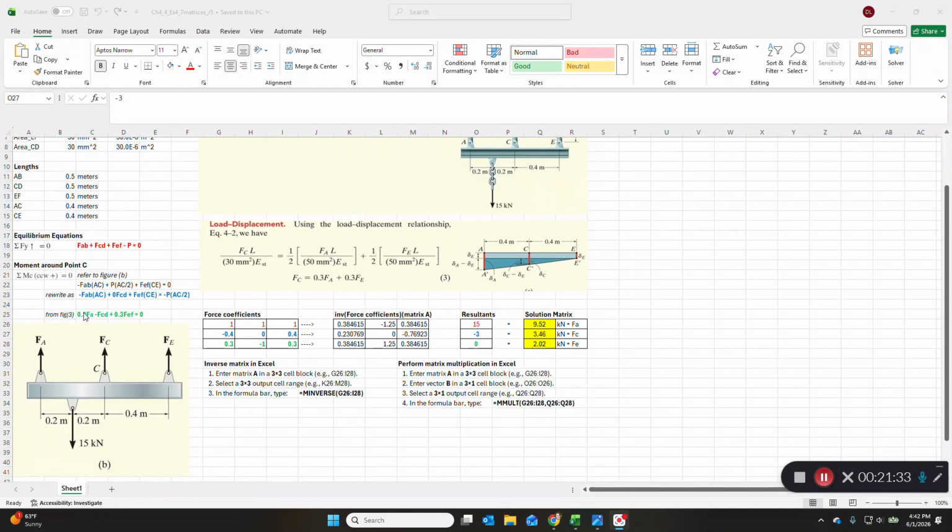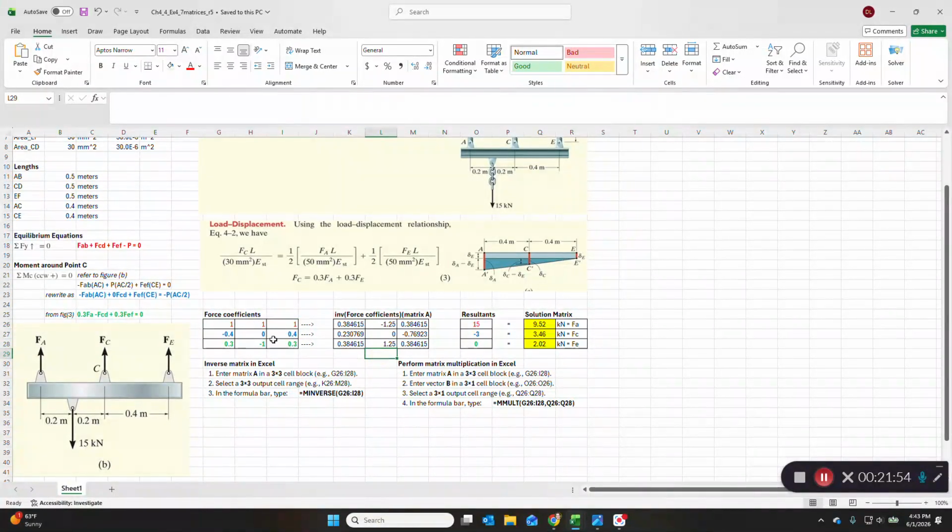And then the last equation, my resultant to the right of the equal sign is 0. So these resultants are all the values to the right of the equal sign, and they're constants, okay? Because we have a constant load and constant distances. And our force coefficients are the coefficients ahead of the 3 unknowns in front of them.